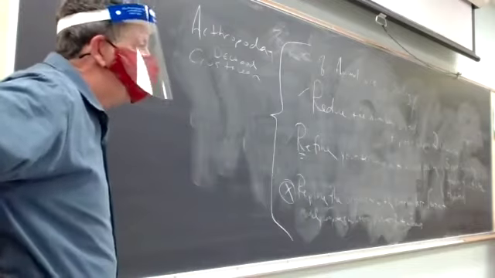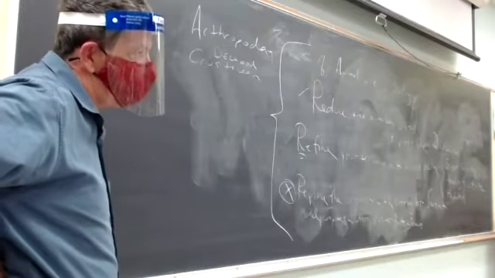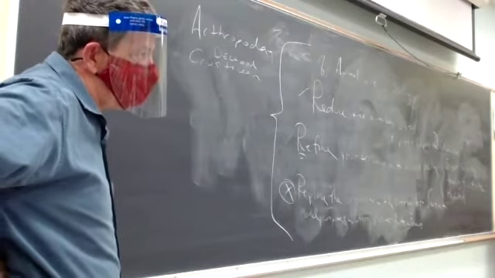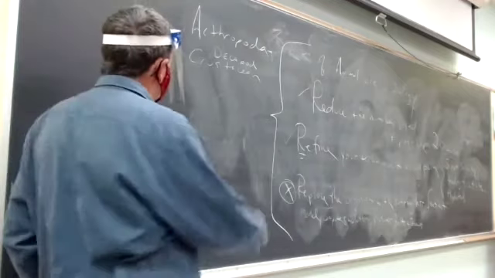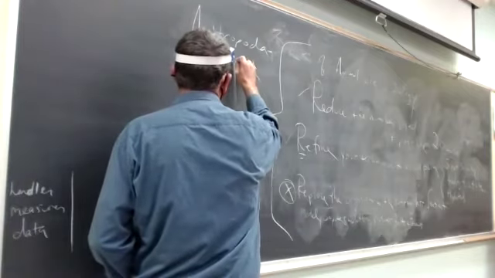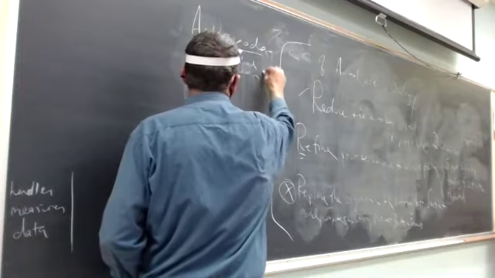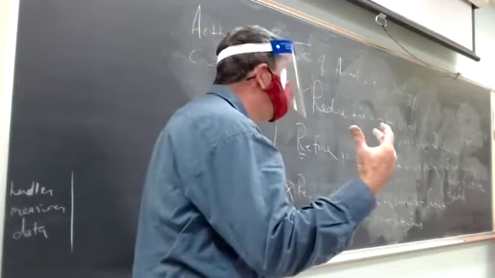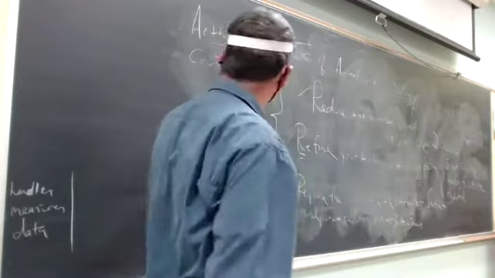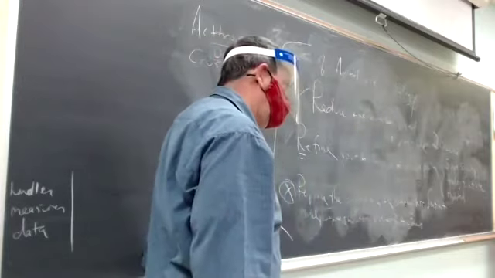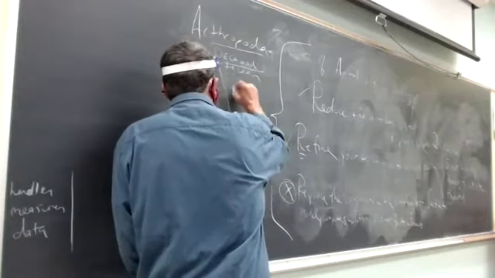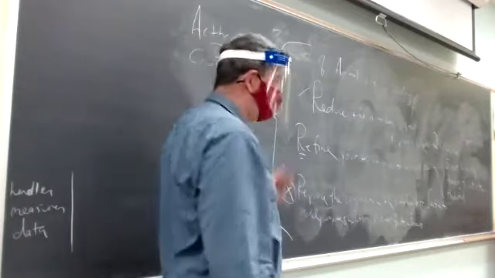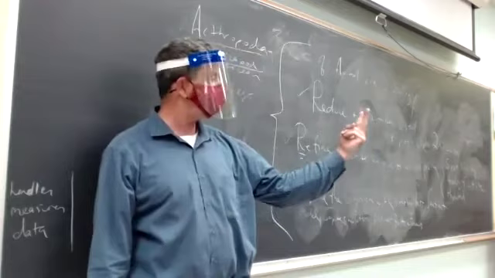Gabby, you know what it means to be a decapod? It's kind of in the word. Like us, we're bipedal. Decapod: 10 legs. Crawfish have 10 legs. Lobsters have 10 legs.